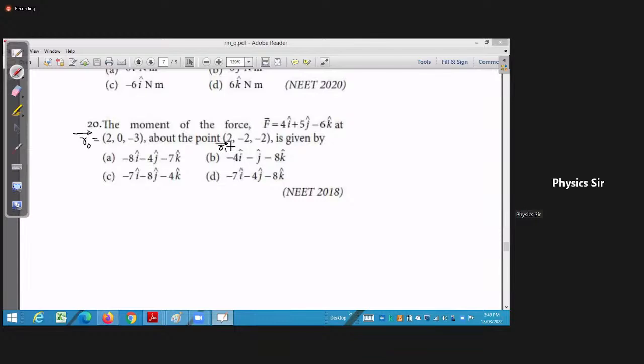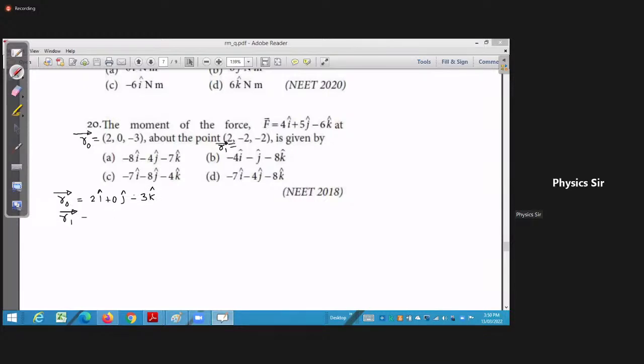If I'm writing vector r0, it is 2, 0, 3. So this will be 2i plus 0j minus 3k.